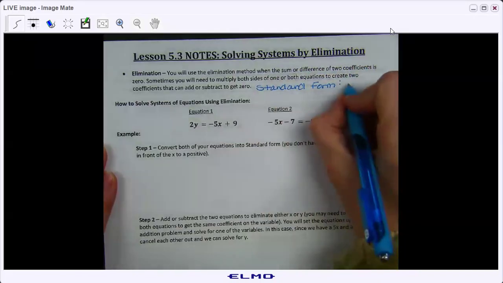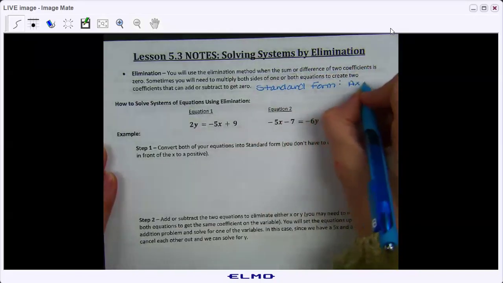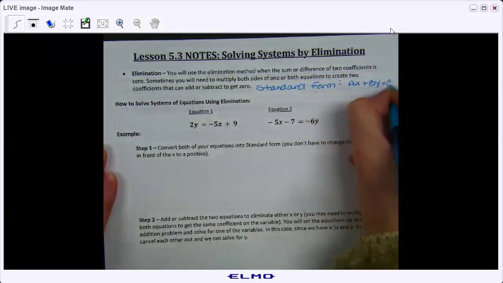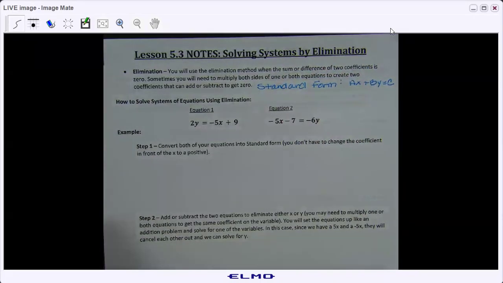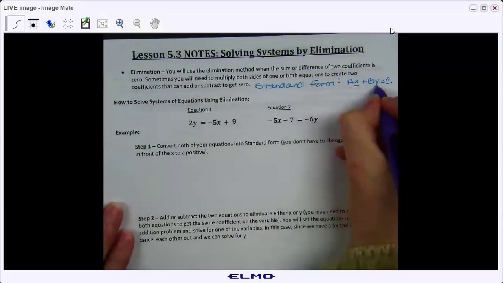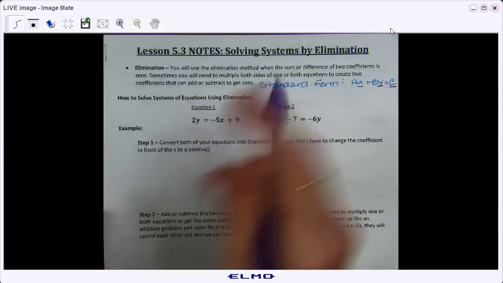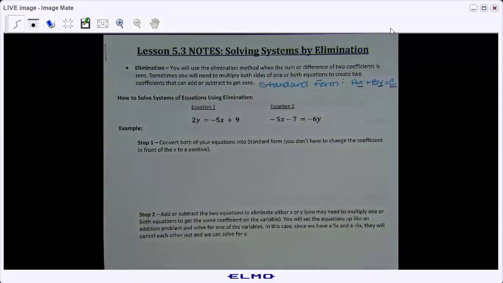No? Okay, it's Ax plus By equals C. So basically your x plus your y equals some number, okay? So what that means is that you need to get your x and your y on one side of the equation.